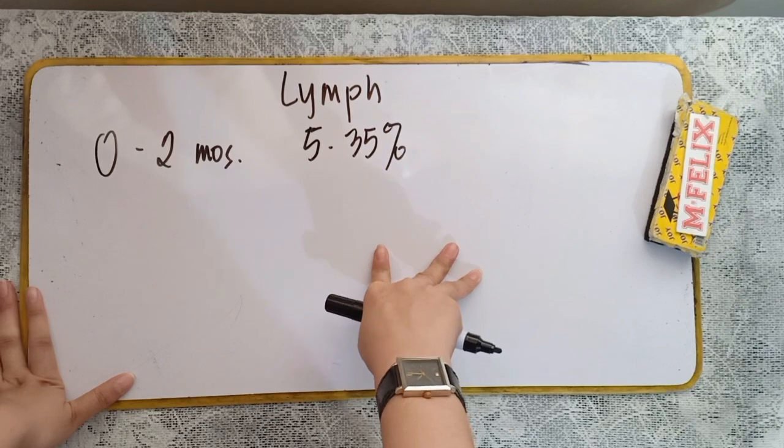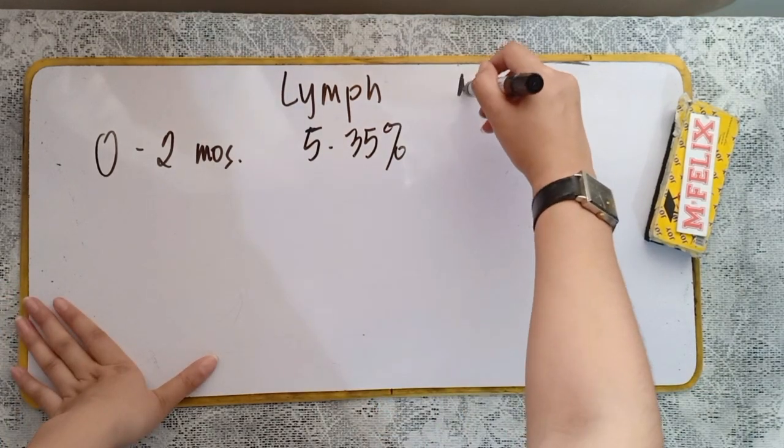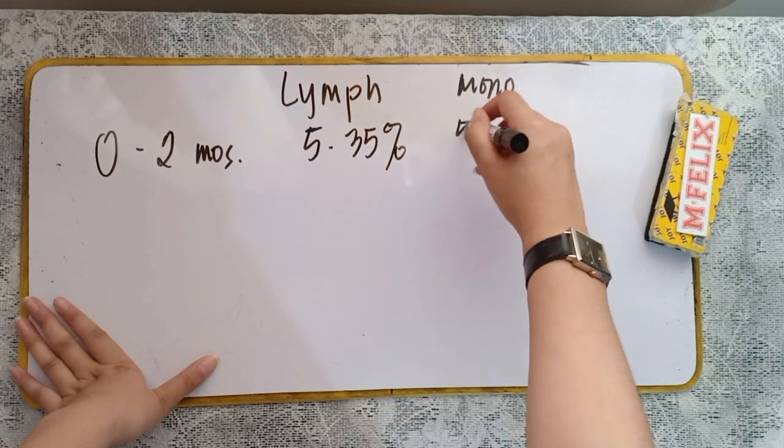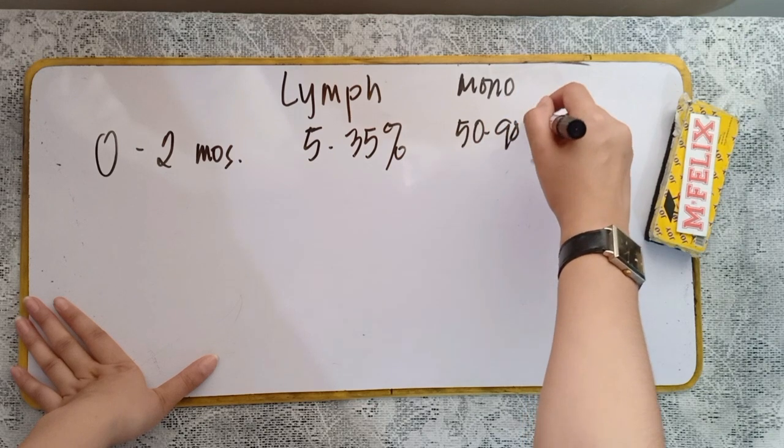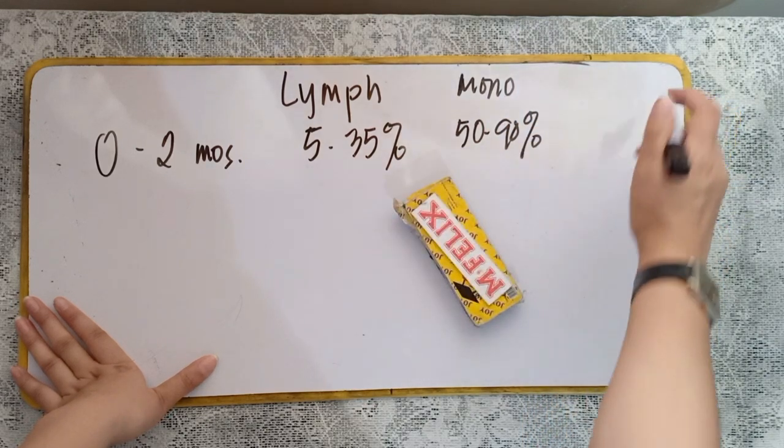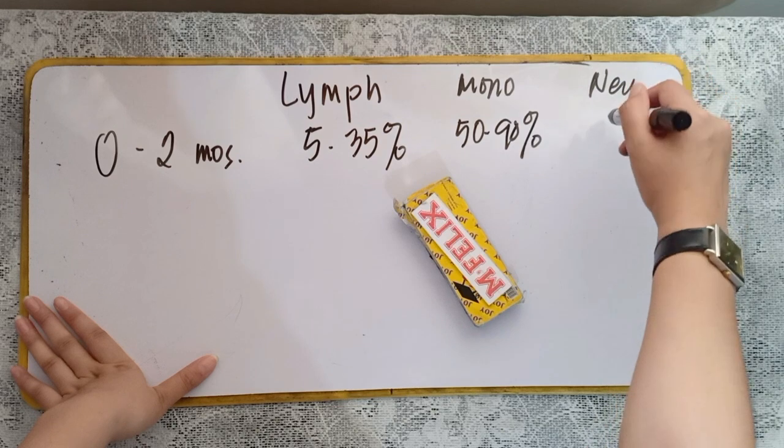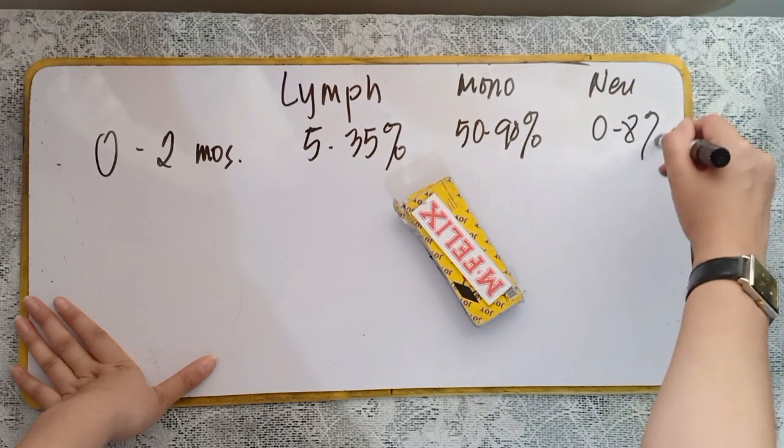Okay, approximate lang naman yan, class. And then, for monocytes, it is usually 50 to 90%. So, medyo mas mataas, no? And then, for neutrophils, medyo mas mababa. 0 to 8%.